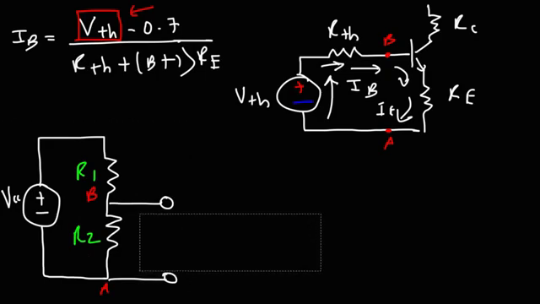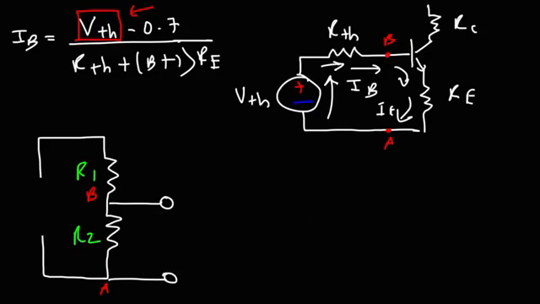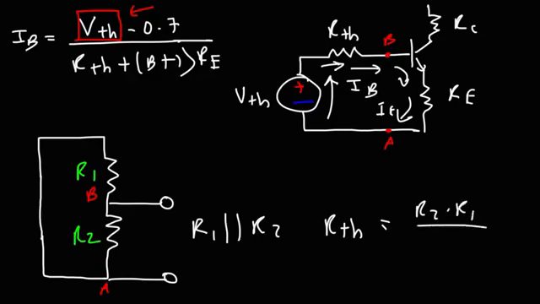In order to calculate the Thevenin resistance, replace the voltage source with a short circuit, and then calculate the equivalent resistance between points A and B. So R1 and R2 are parallel to each other with respect to points A and B. Therefore, because they're parallel, we could say that the Thevenin resistance, which is the equivalent resistance of the circuit at points A and B, is going to be R2 times R1 over R1 plus R2.